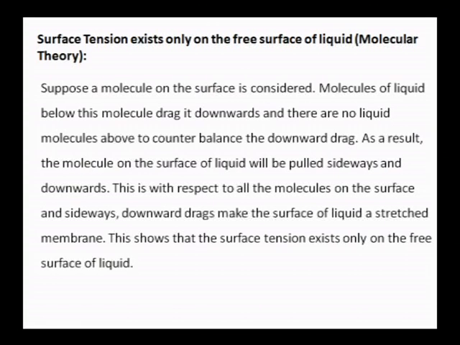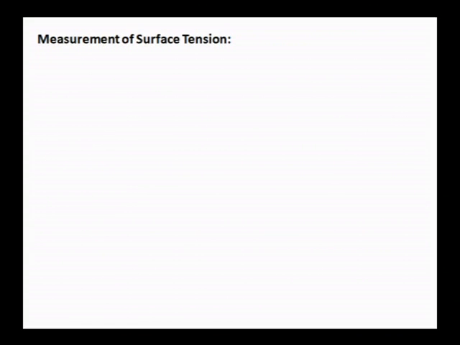As a result, the molecule on the surface of liquid will be pulled sidewards and downwards. This is with respect to all the molecules on the surface. Downward drags make the surface of liquid a stretched membrane. This shows that the surface tension exists only on the free surface of liquid.